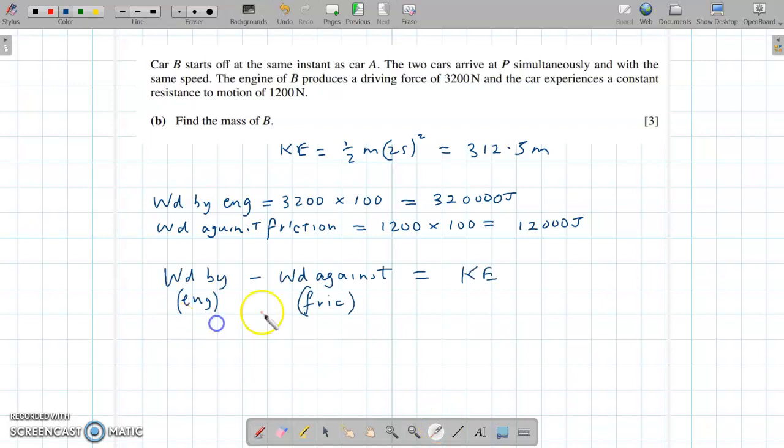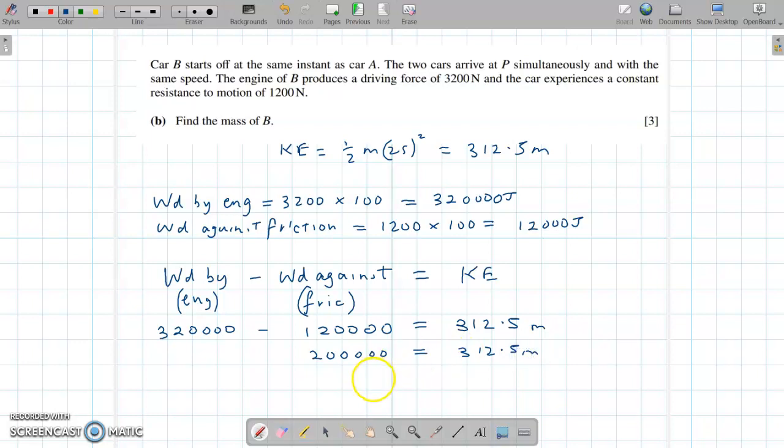So work done by engine minus work done against friction equals kinetic energy. 200,000 equals 312.5 m. So m equals 640 kg.